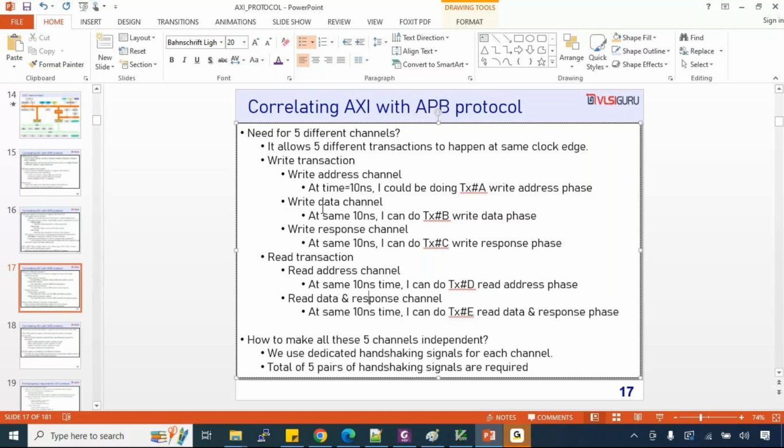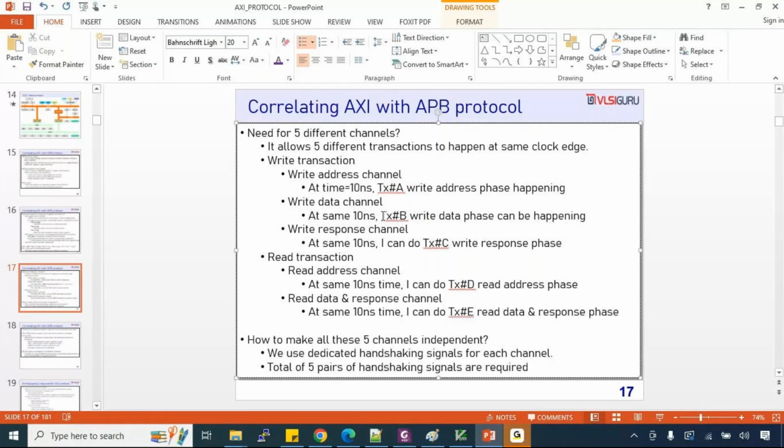In case of a write transaction, what can happen is, take time 10 nanoseconds. Let's say transaction A address phase is happening. In case of write, at the same 10 nanoseconds, for a different transaction, transaction B, the write data phase can be happening.